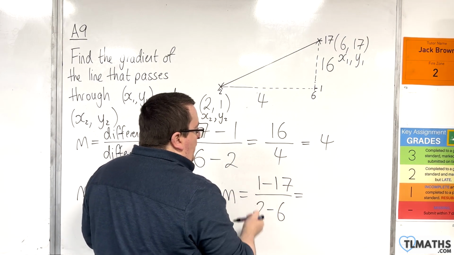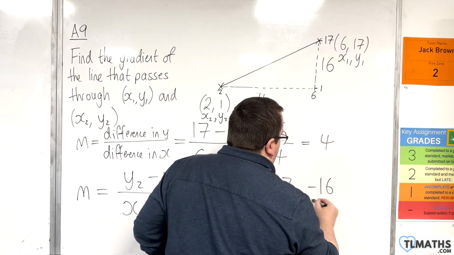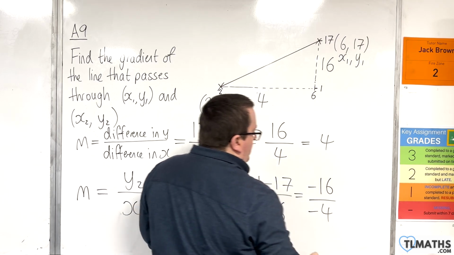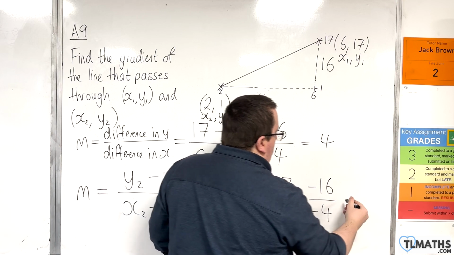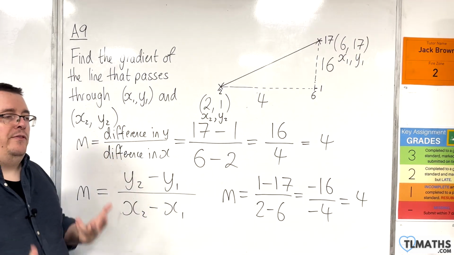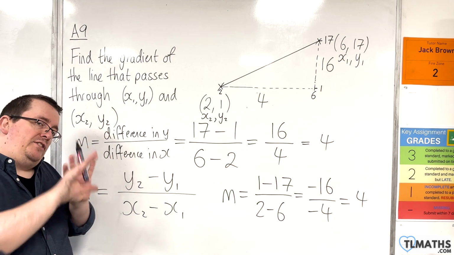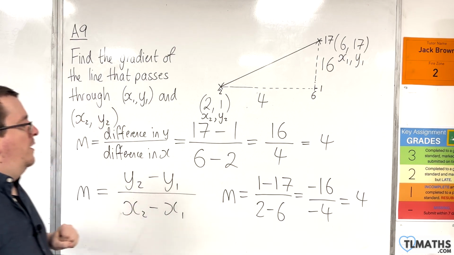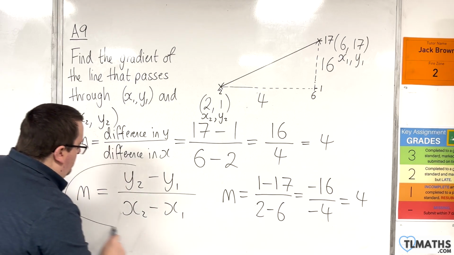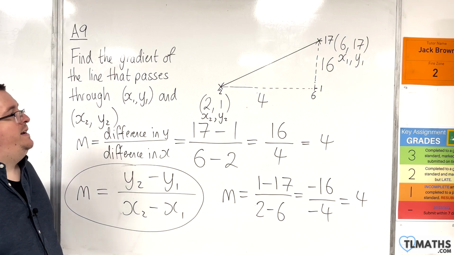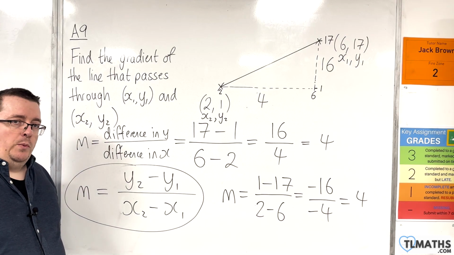So 1 take away 17 is minus 16, and 2 take away 6 is minus 4. Minus 16 divided by minus 4 is 4. So you will still get the same answer, regardless as to which one you call (x1, y1) and which one you call (x2, y2). So this is how we can calculate the gradient of a line between 2 points.